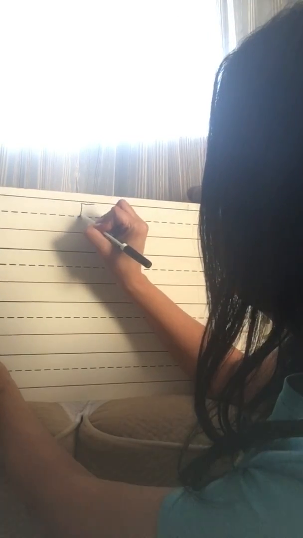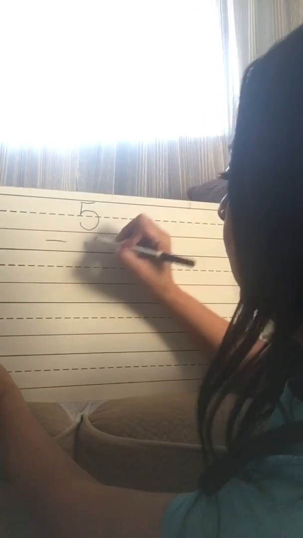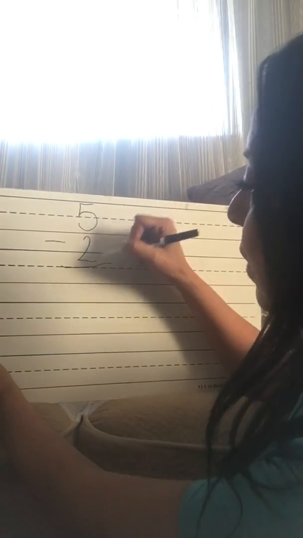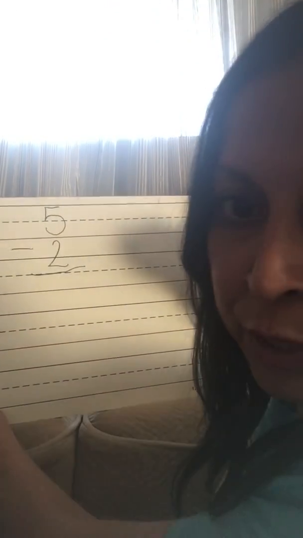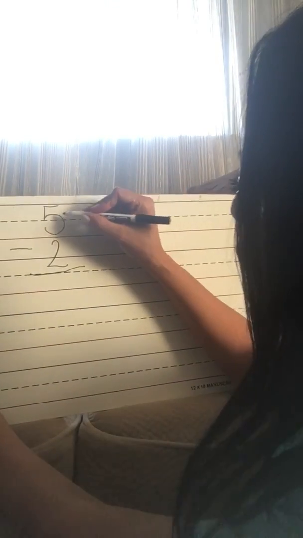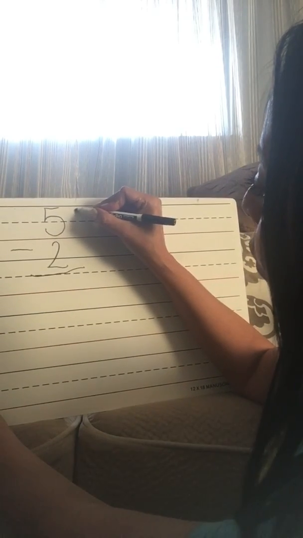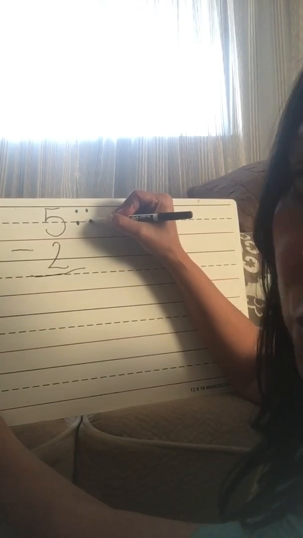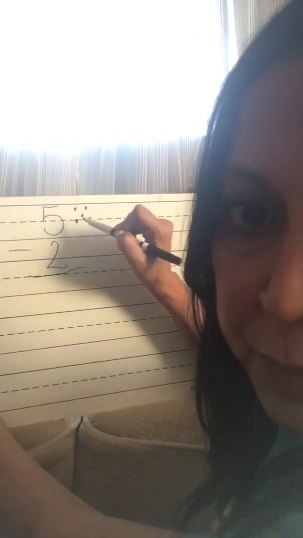So if I were to do 5 minus, let's just say 2. Okay, so 5 minus 2. I hope you can see that. Here's how you do it with dots. You're going to draw 5 dots because that's the top number. 1, 2, 3, 4, 5. 5 dots because that's the top number 5.